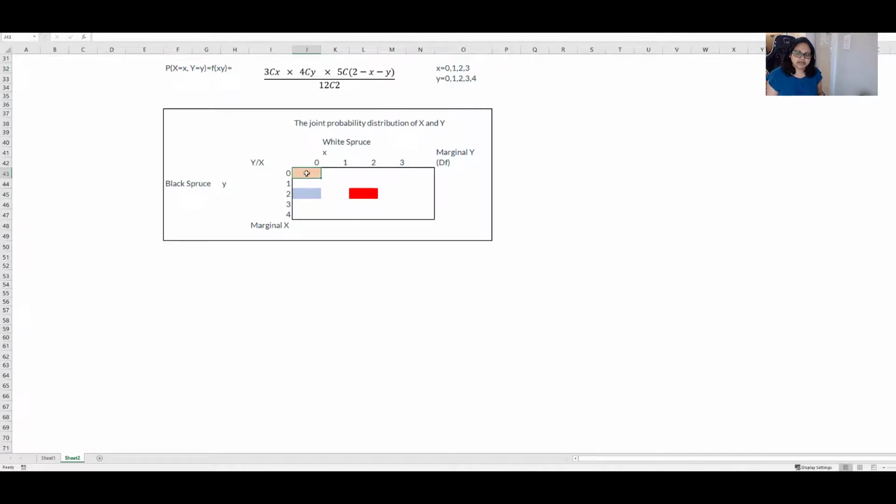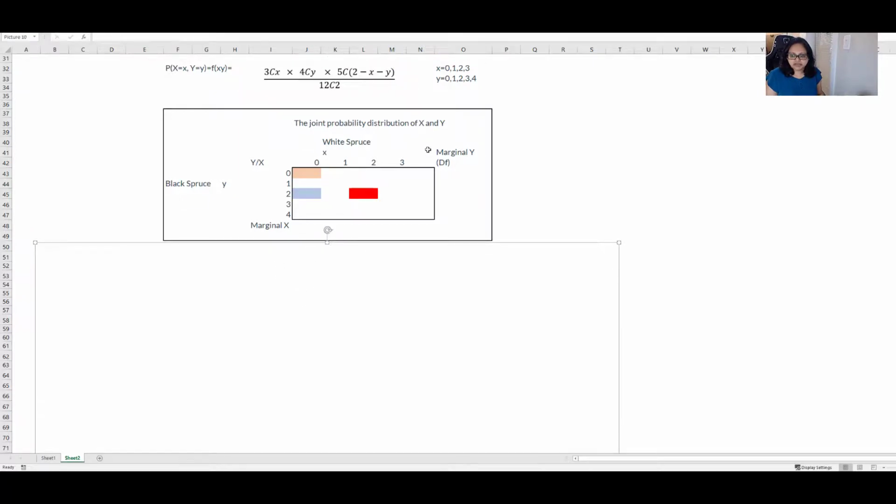If white spruce is none and black spruce is none, that means the rest is coming from jack pine, since we should have 2 seedlings in each of those cases. This is a possibility. We could have one black spruce, white spruce 0, but the other one should come from the jack pine.